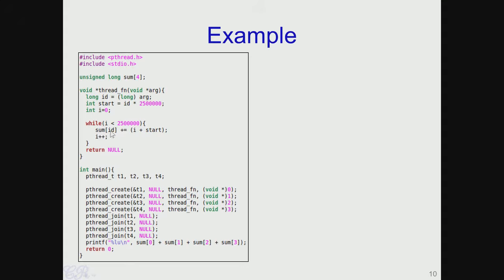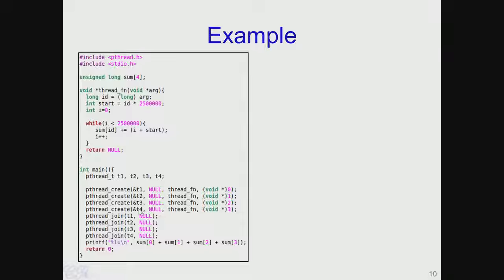Similarly, sum 1 will have the sum of the numbers from 2.5 million to 5 million, and this sum 1 is filled by thread T2. In a similar way, sum 2 and sum 3 would have the corresponding 2.5 million sums, and they are filled by T3 and T4.